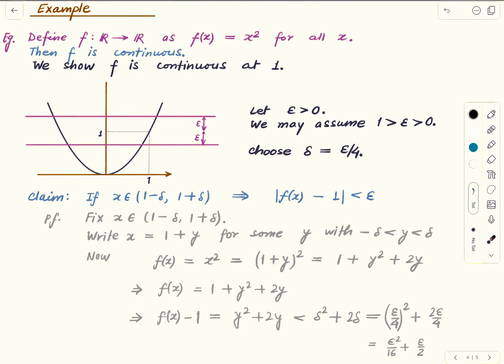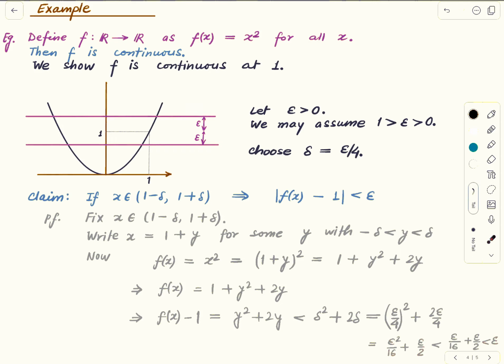But since epsilon is less than 1, epsilon square is less than epsilon. So this whole thing is less than epsilon by 16 plus epsilon by 2, which is less than epsilon. So basically, this whole thing is less than epsilon.